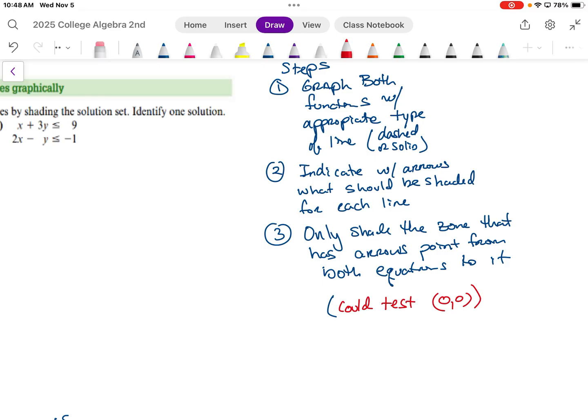Again, when you're showing me work for this kind of stuff, if I see you put 0, 0 in there and you show me that it's true for both, and then you shade the appropriate area where 0, 0 is, that's enough work for me. If you want to indicate with the shade above the arrows like I'm getting ready to show you, that's fine too.